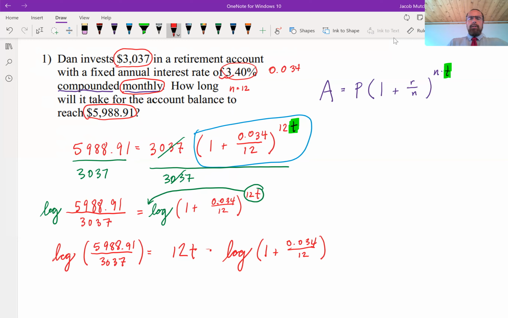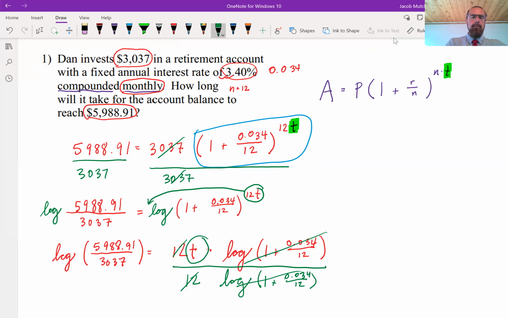So at this point, everything on the right side is on the same level. So what I need to do is divide everything that's not time. So I'm going to divide by 12 to cancel the 12. I'm also going to divide by log base 10 of 1 plus the interest rate over the n value. And with those two divisions, all that's left on that side is time. So ultimately what I'm going to input in the calculator is this left side.